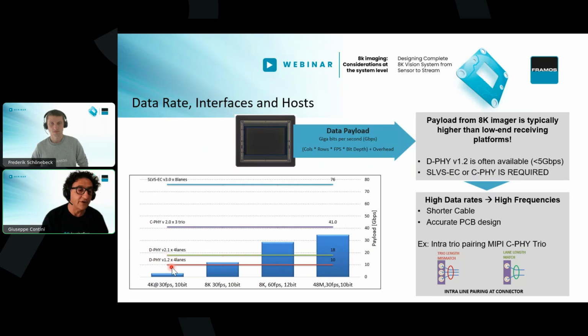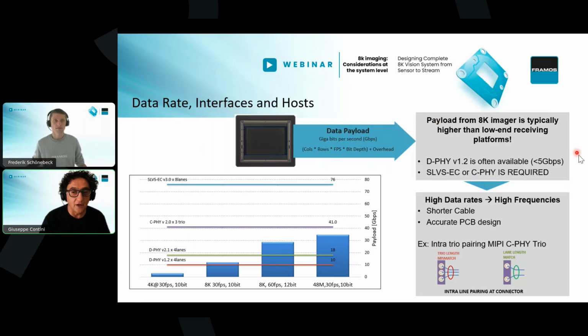So it means that you have to look at a different interface, C5 for example, or still the D5, where there is a version that allows you up to 12, or 18 gigabit per lane. So you have again a trade-off between the interface and the data rate.